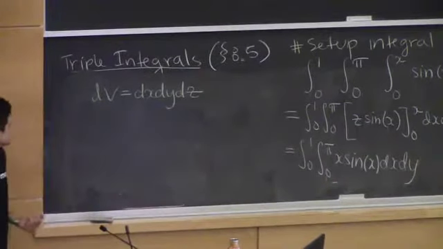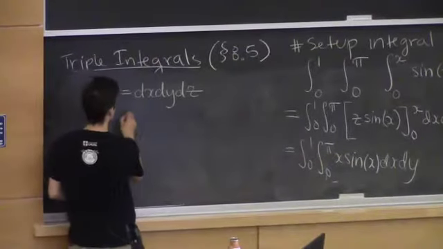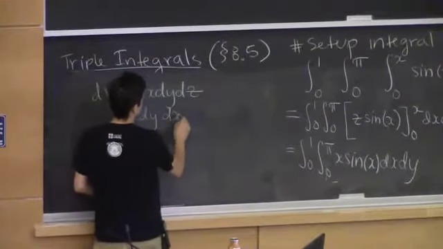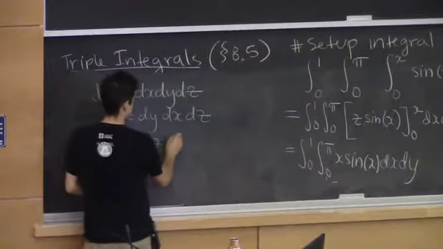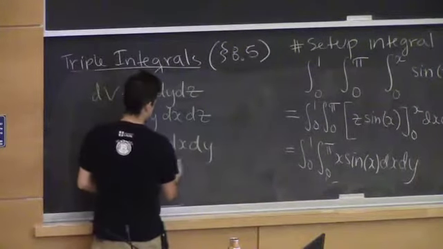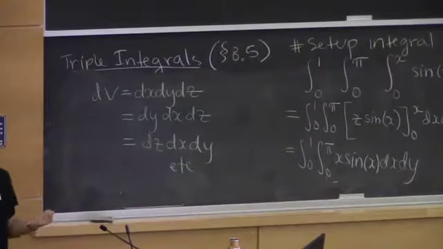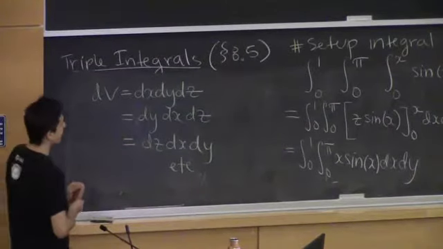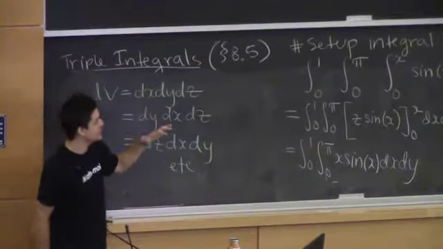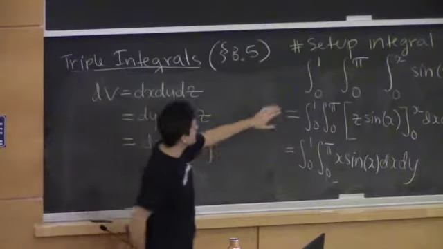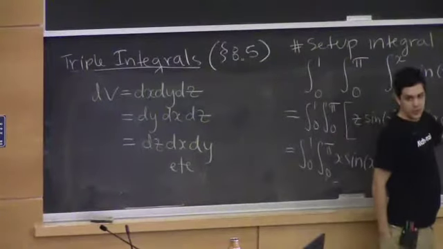Okay, so we can write dv in the order dx, dy, dz, or we can write it in any of the 6 possible orders. Okay, all 6 work, but you have to change the setup of the integral each time. So when you write down your region, these numbers here might change based on how these guys get switched.